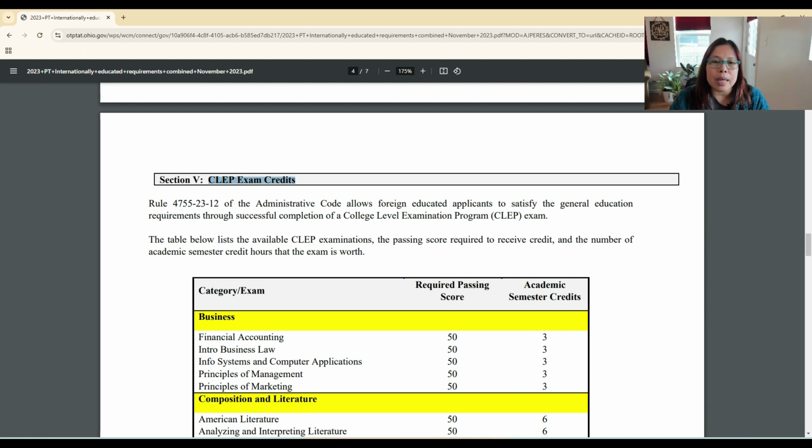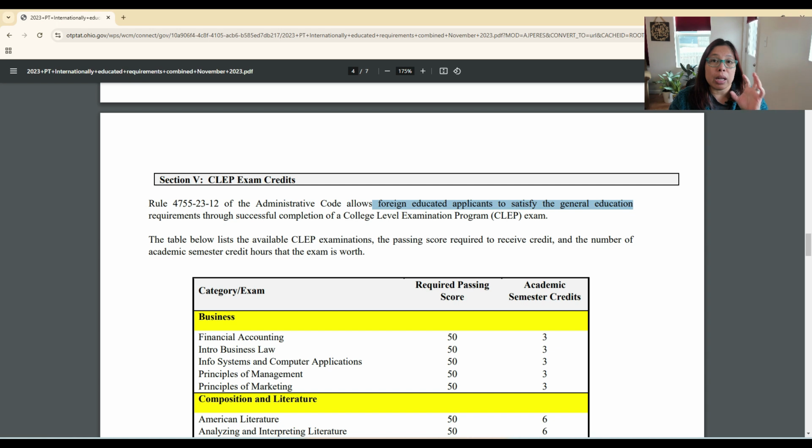Okay, so CLEP pertains to the College Level Examination Program. This allows us as foreign educated applicants to satisfy the general education part, because in the coursework tool, there's a general education and there's a professional education. The general education is like math, science, literature, history.